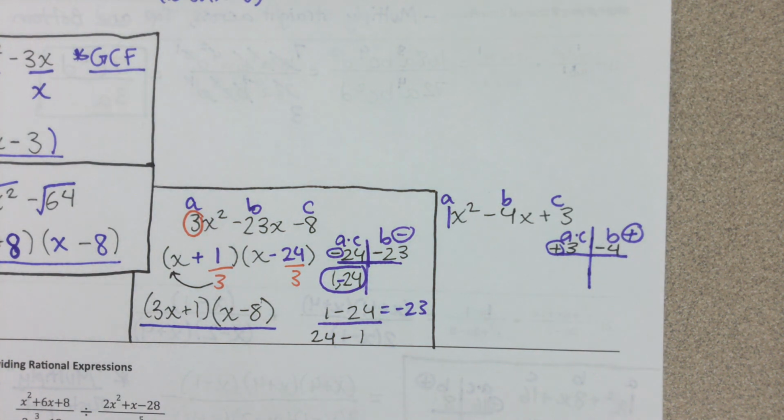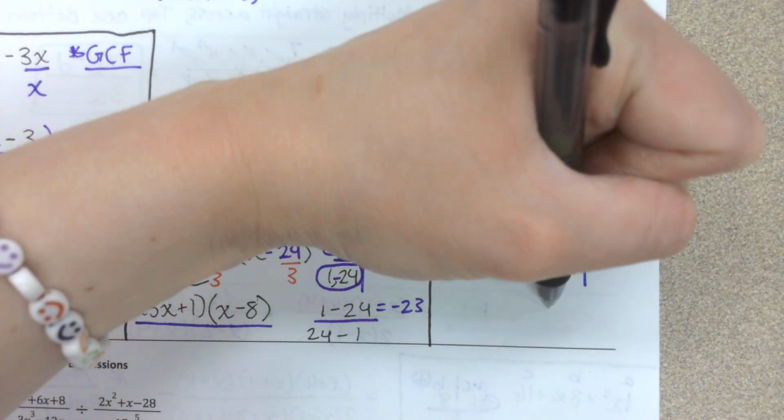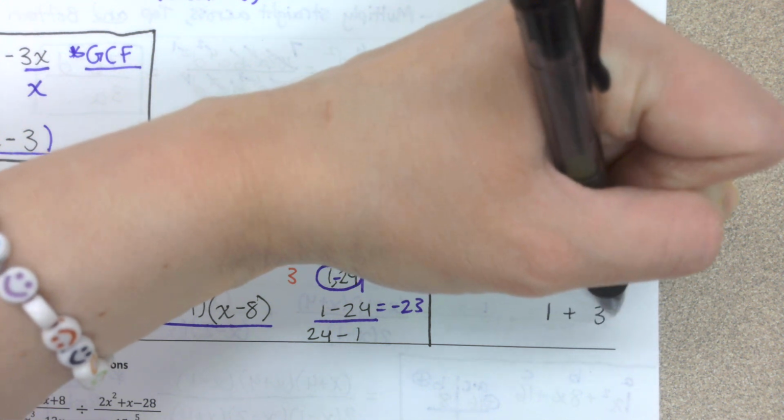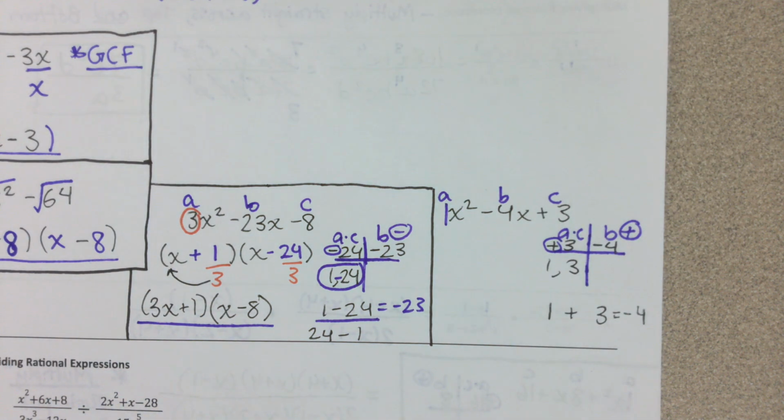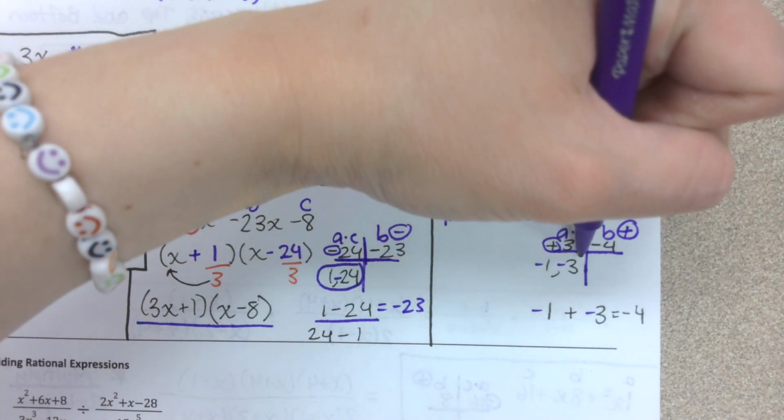3 has only one pair of factors, 1 and itself. And I want to be able to add them to get negative 4. How does that happen? Both negative. Negative 1, negative 3.